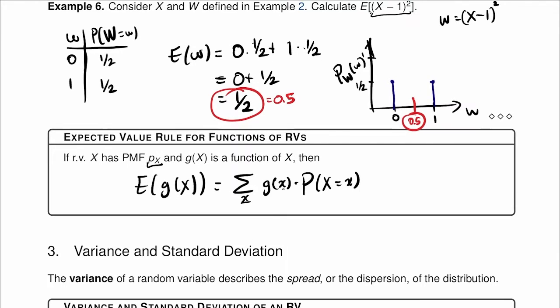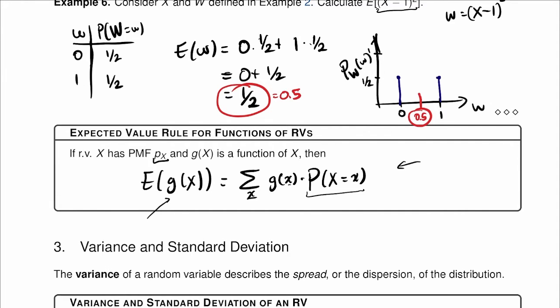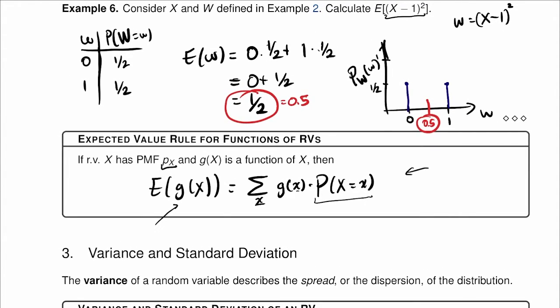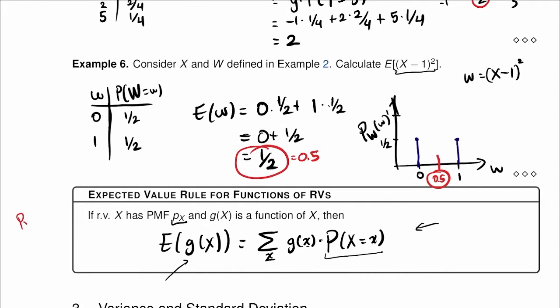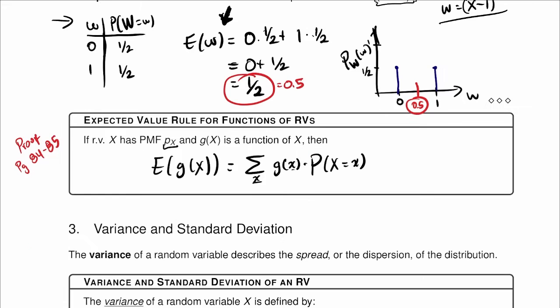So that means we don't need to calculate the transformation. We can use the original random variable and calculate the expected value of the transformation. You can check the proof of this if you are interested. The proof is on pages 84 and 85 if you want to check it.